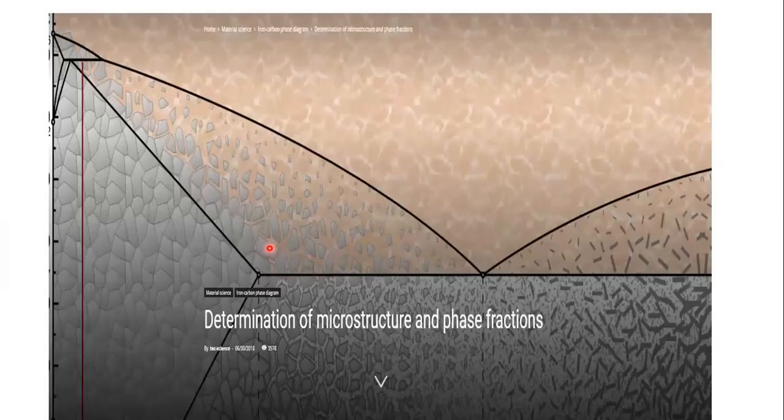Now, see, this is the microstructure of the iron carbide diagram, and a figure is available. Initially a completely liquid state is available. The liquid state has two elements, iron and carbon, both soluble in nature.